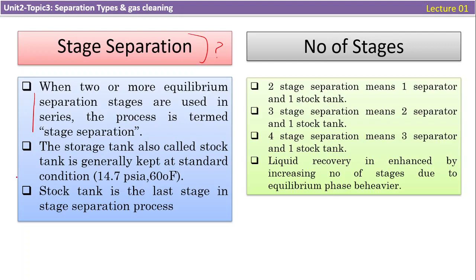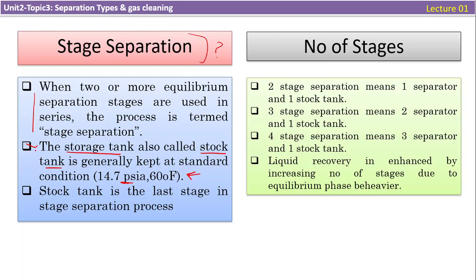In this one there are a few things. Number one, storage tank. The storage tank, also called a stock tank, is generally kept at a standard condition. Standard condition means the pressure of the storage tank is 14.7 psi, that is 1 atmospheric pressure, and the temperature is around 60 degrees Fahrenheit.